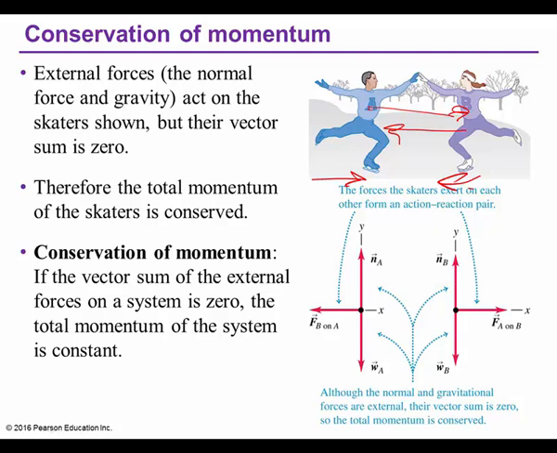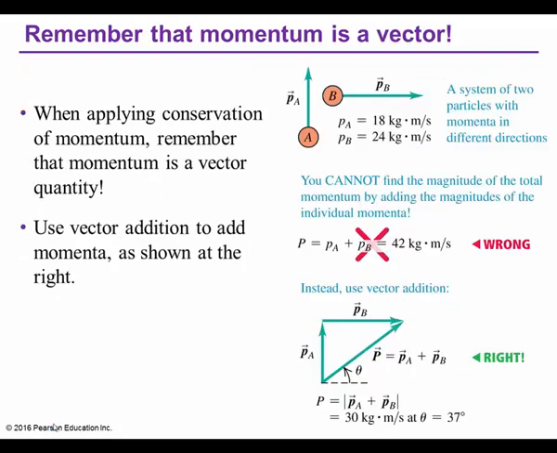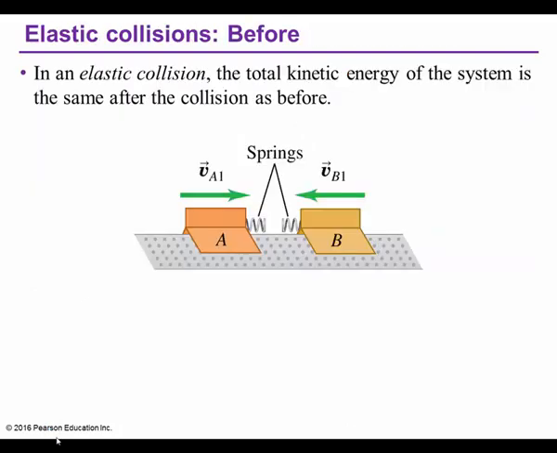And this coincides with, if you think about it, Newton's third law, where we have forces act in pairs, equal and opposite, okay? And again, they're just emphasizing here that they are vector quantities. Nothing has changed there.